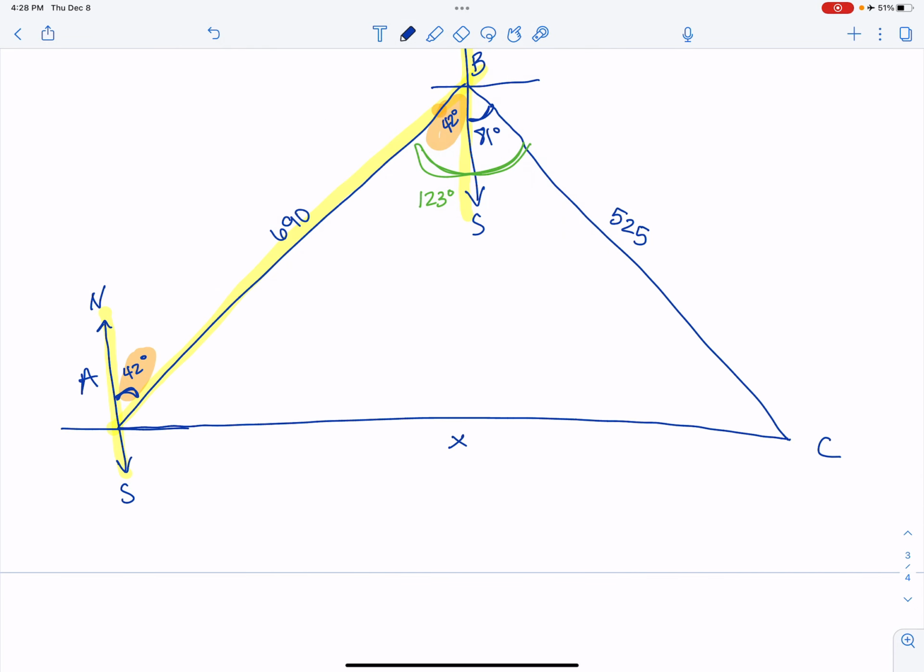So what we'll do is we'll use b squared equals a squared plus c squared minus 2ac cosine b. Because really what we're looking for, if I let my sides copy my angles, we're looking for that b.